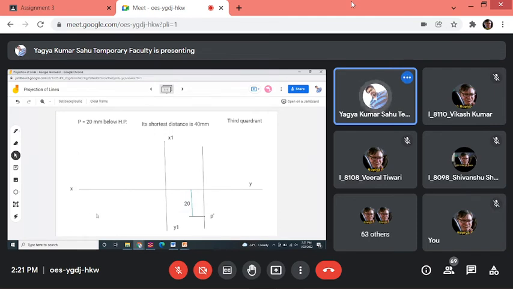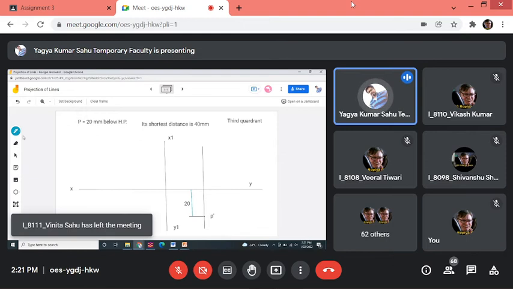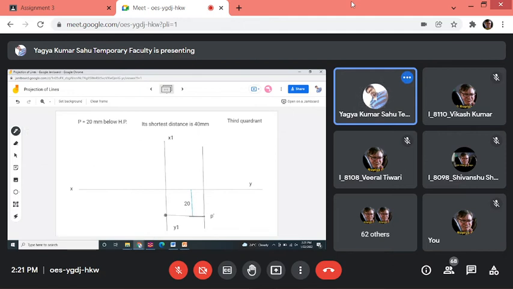Now, distance of front view from HP and distance of side view from XY, both will be equal. So यहाँ से क्या draw करो? Just draw another projector line from P dash perpendicular to XY, like this. But we don't know the exact position. For that, what is given?